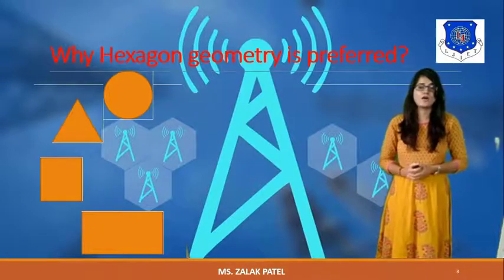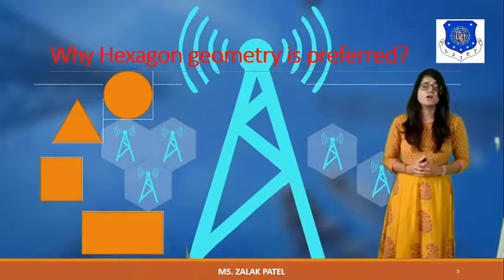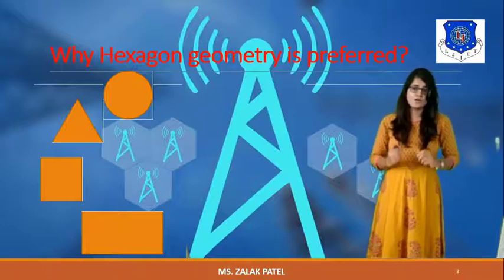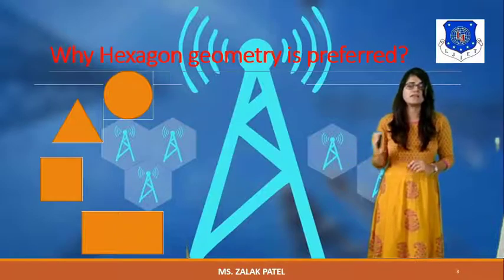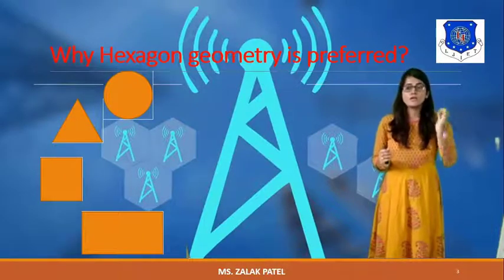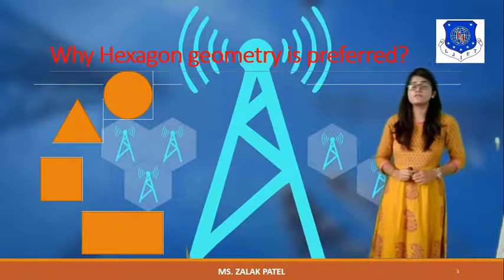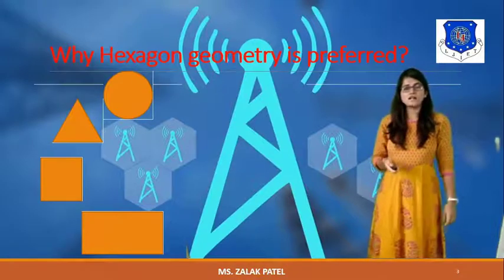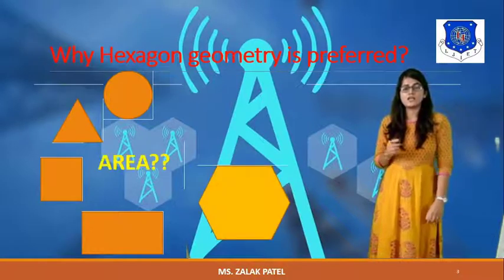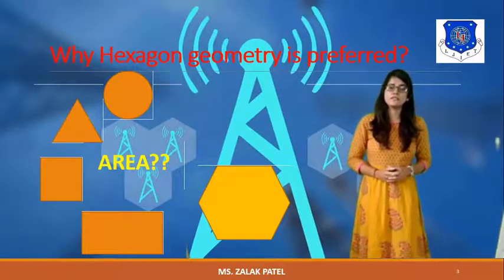In the case of the triangle also, the area covered is small compared to the circle. So we take the case of the hexagon. In the case of the hexagon, the area covered is given by 3√3 by 2 into A square, meaning the area covered by the hexagon is very high compared to the other shapes. That's why we take the hexagon as the most preferred choice over the other shapes.